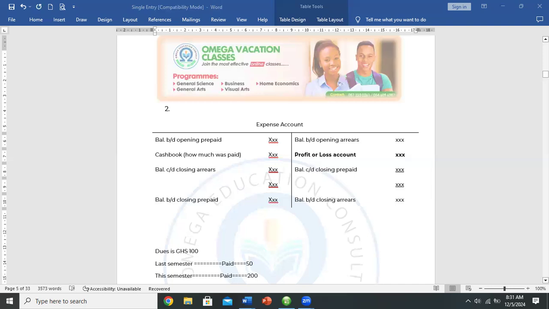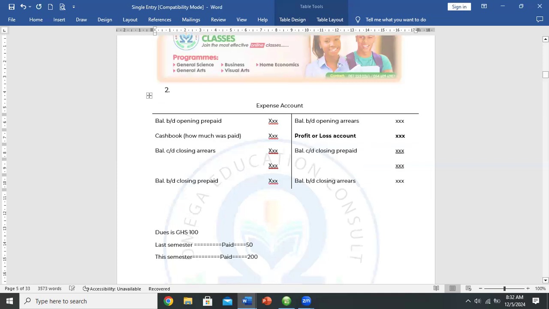Okay, now, under the accrual, so I'm going to use the accrual and cash basis to help us appreciate this. Under the accrual system, if you are asked, how much expense have you incurred for this semester? Beautiful ladies, the answer is 100 Ghana cedis. This is the expense on dues you have incurred as a member of that club for this particular period.